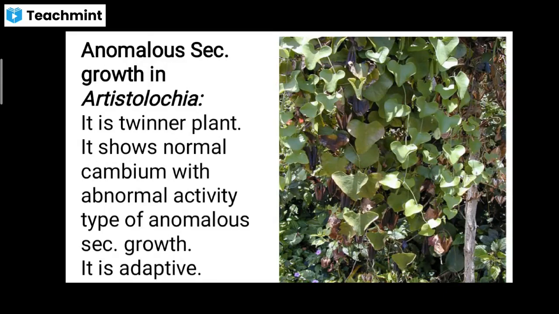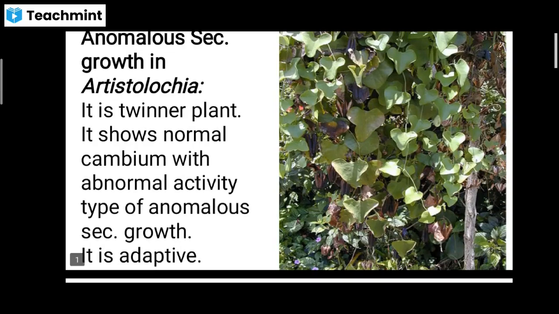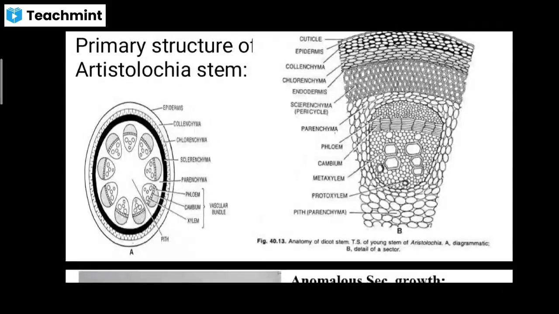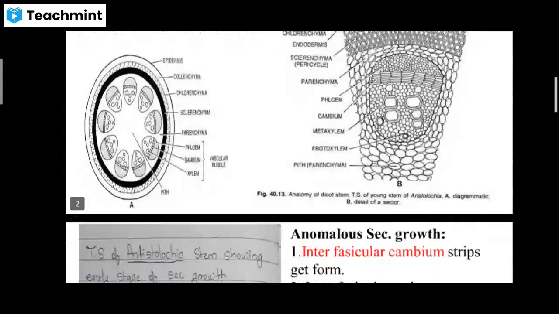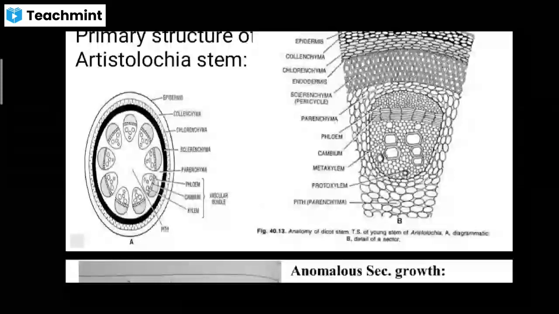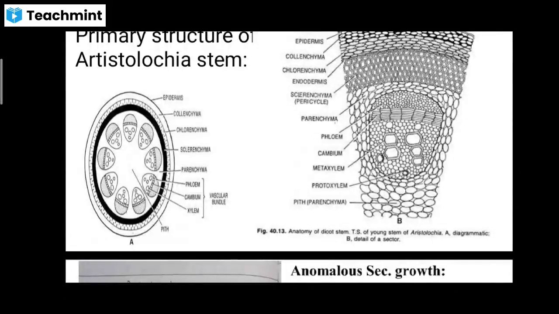So here, let's discuss the primary structure of the Aristolochia stem. Normally in a dicot plant, the vascular bundles are arranged in a ring shape, so here you will see the vascular bundles.